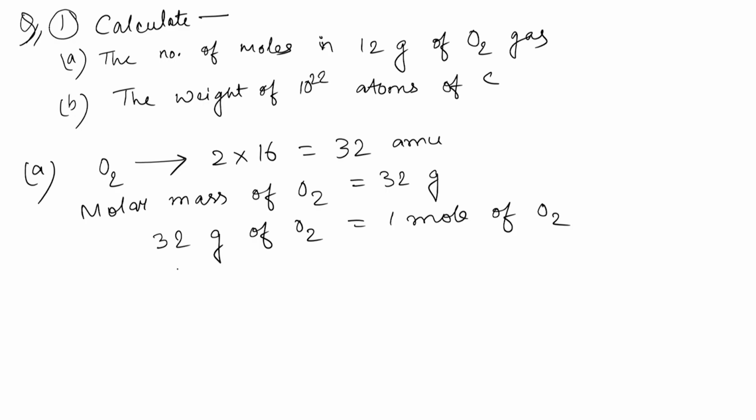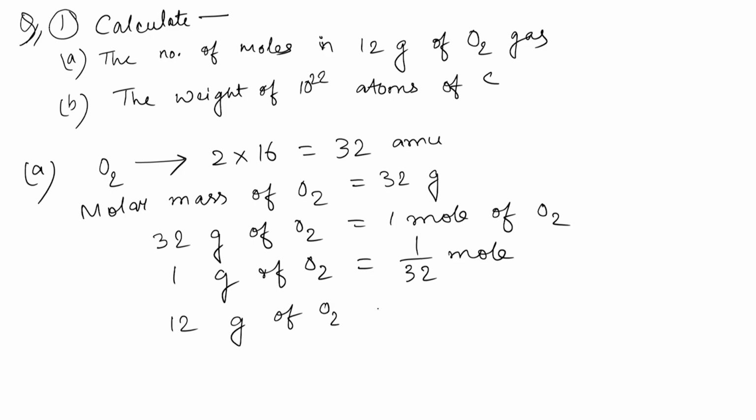So, 1 gram of oxygen will be equal to 1 by 32 moles of oxygen. So 12 gram of oxygen will be equal to, we have this formula, given weight divided by molar mass. Okay.